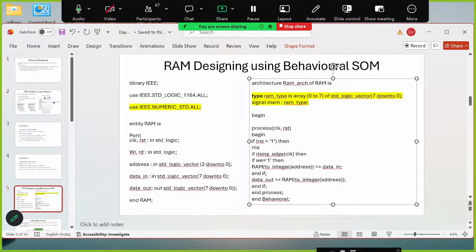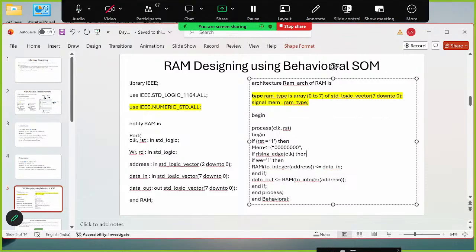We want this mem signal to get a value. Now what should I write? How do I write it? So in it we need to write in this manner, like this. You can see over here, I should follow this: 0 0 0 0 0 0 0 0, comma. I need to repeat this 8 times.